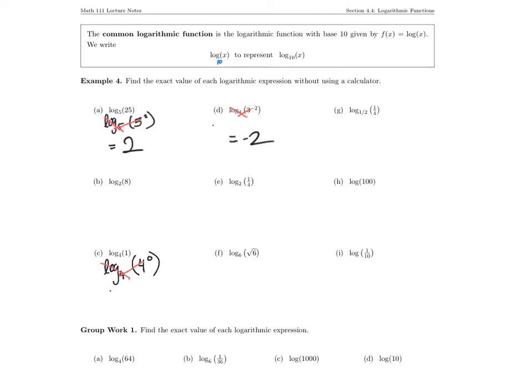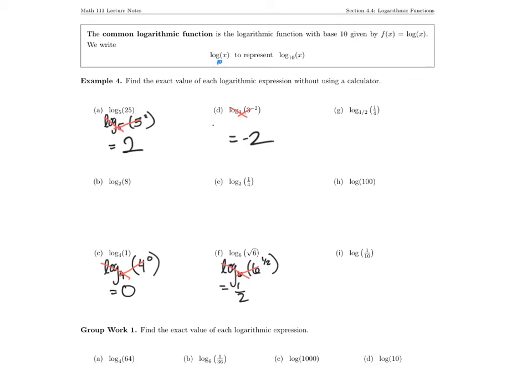We can cancel those out. And I'm just left with 0. If I try this for problem F, I see that we have a square root here. But remember, square root is the same as 1/2. So this is really log base 6 of 6 to the power of 1/2. We can cancel out big base and little base, and we are just going to be left with 1/2.